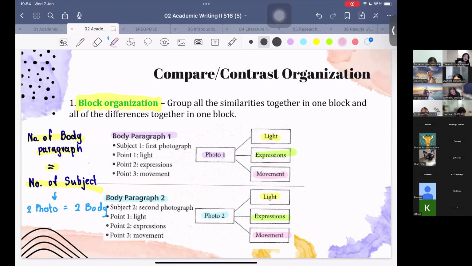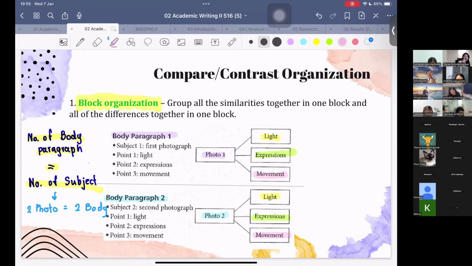Normally, we would advise you to follow the same structure. It doesn't have to start with light. It can start with movement, expression, and light. That is okay as well. However, whatever you start with based on your points of comparison, make sure you use the same arrangement for the next body paragraph.